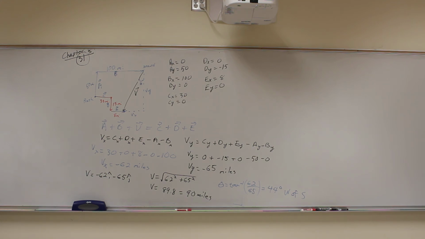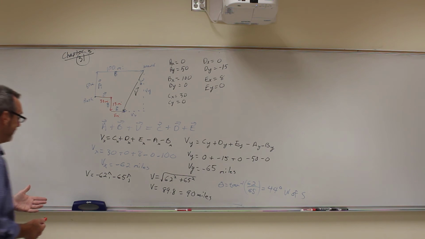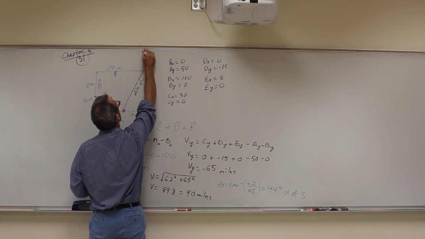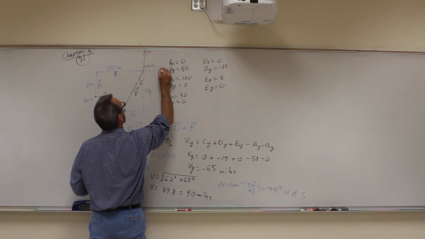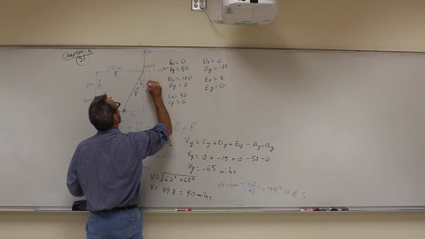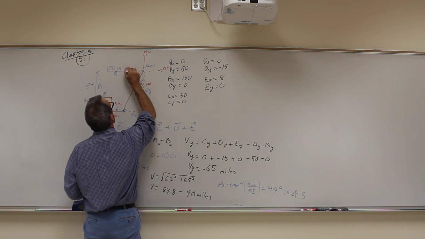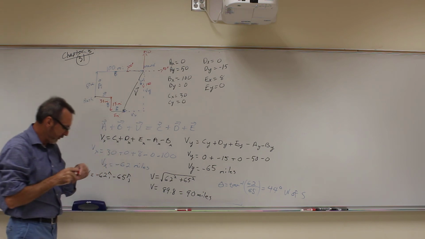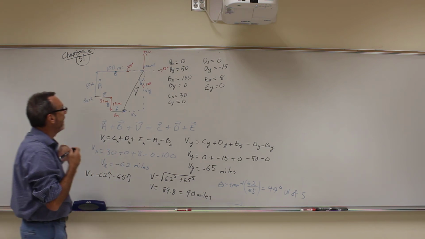Now, if you're actually an airplane pilot, they measure their directions in what's called heading, where north is equal to 0, east is 90, south is 180, west is 270. So when air traffic control tells them what to fly, they give them a heading.